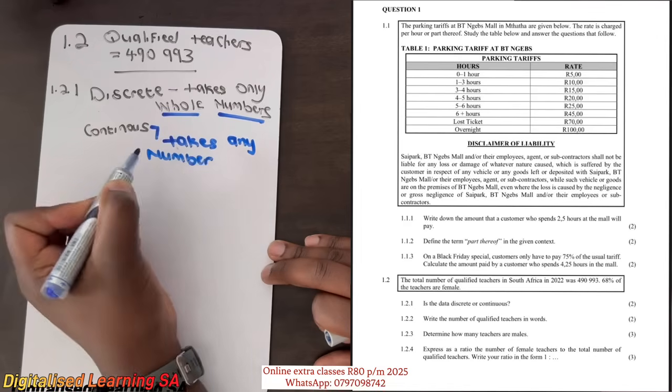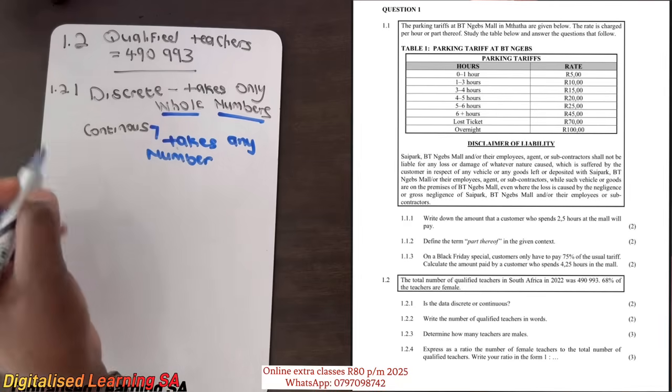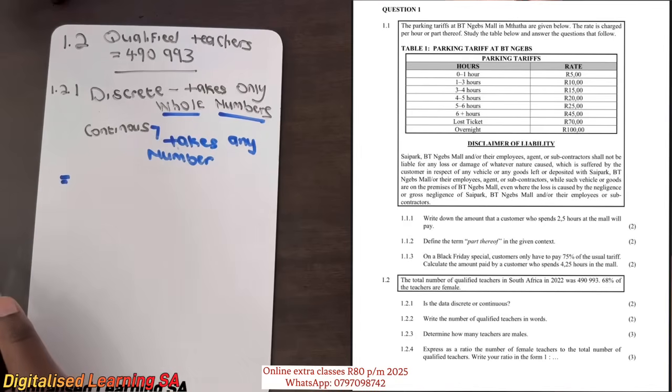And guys, what does this mean? This means that if we are speaking about the number of qualified teachers, we can only have whole numbers because we can't have 10.5 teachers. It can only be 10 teachers or 11 teachers. Okay, so in this case, we can see that our answer will be discrete because it takes only whole numbers.